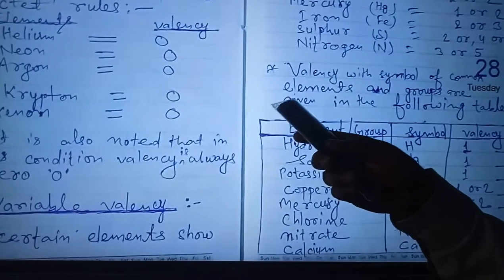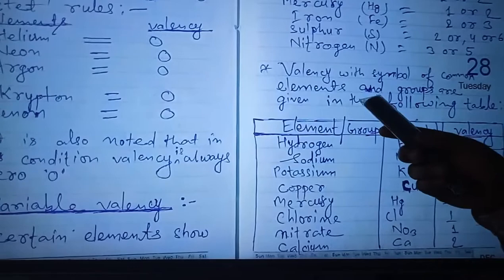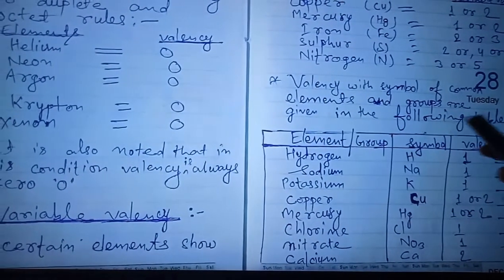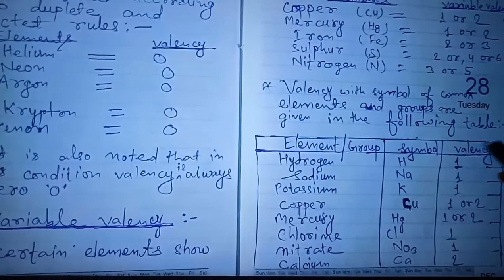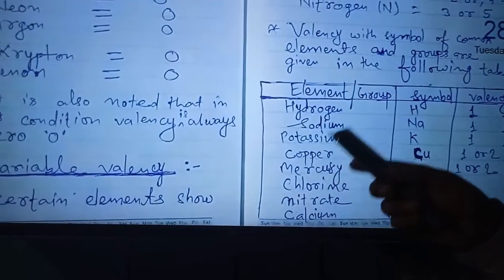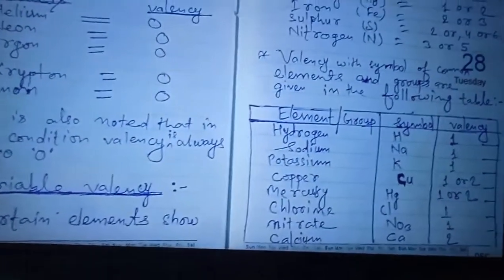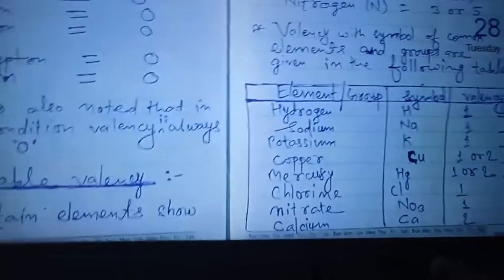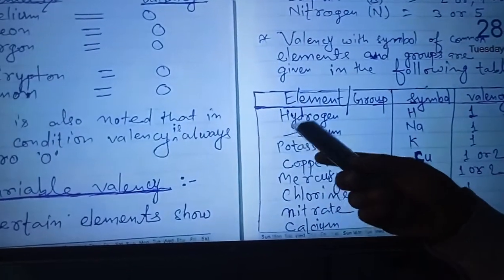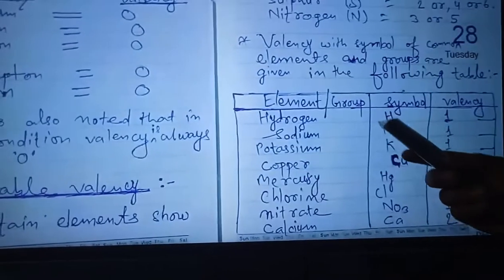We are going to talk about valency with the symbols of common elements and groups, given in the following tables. The names of the groups or elements, their symbols and their valency, one by one. We start from hydrogen, symbol H, valency 1.